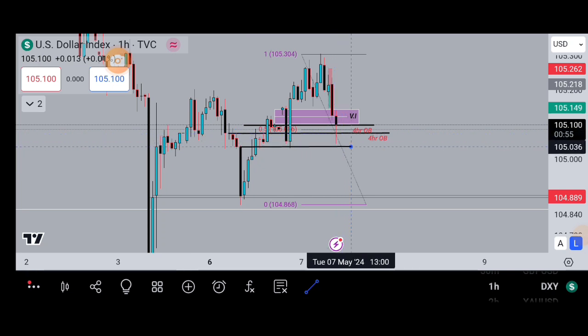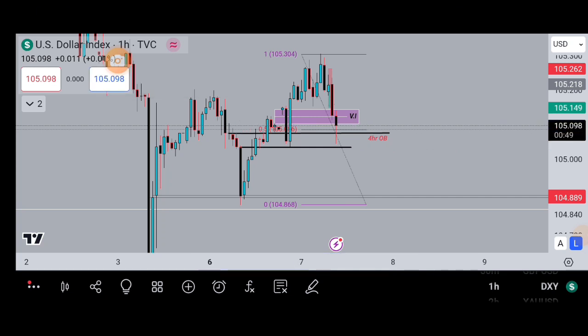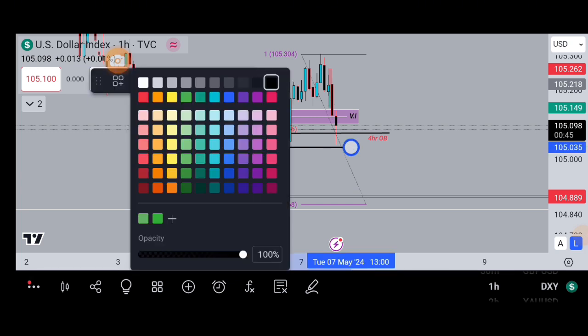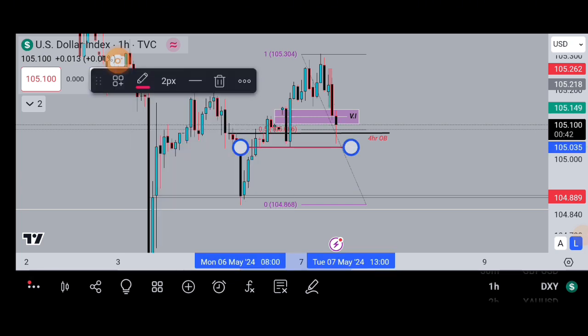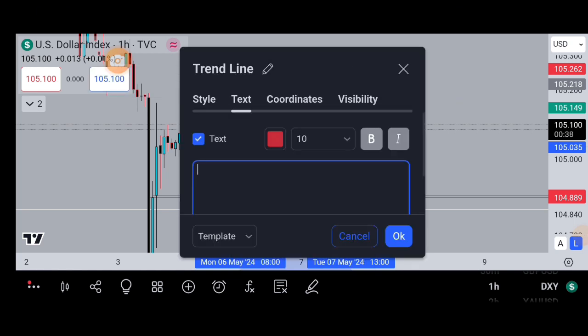So I have these there, and let me delete these for our order blocks, the upper one, but leave behind this 1-hour order block that is paired with sell side liquidity.